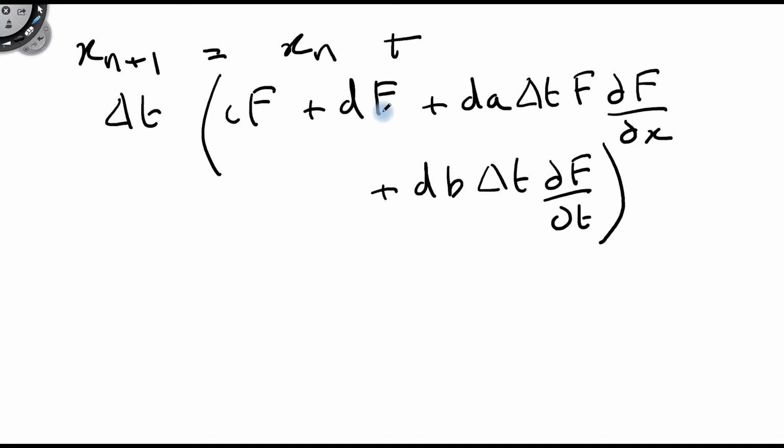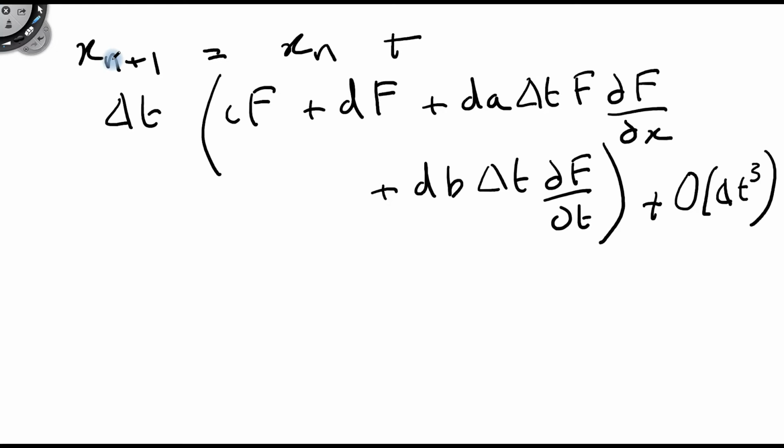And remember, these partial derivatives come from a first order expansion, but we're multiplying it through by delta t, so this is actually up to delta t squared. So it turns out that the remainder term that we're not showing is of order delta t cubed. So this is actually a second order approximate scheme.